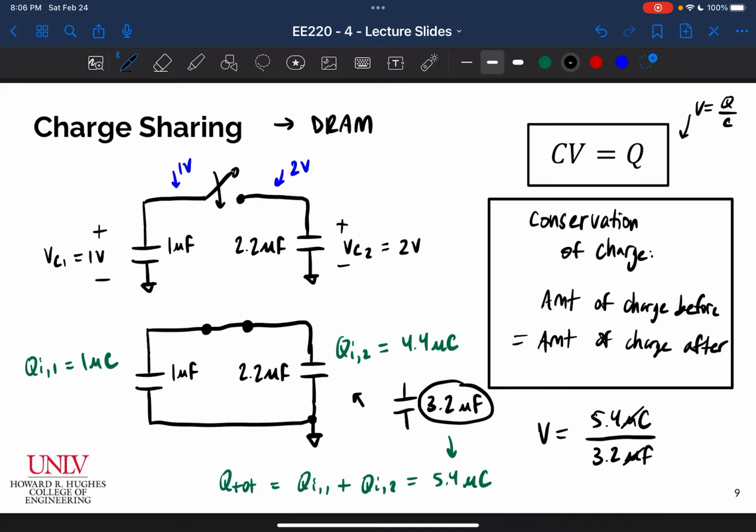And let me throw that in my calculator real quick. I just need to do 5.4 divided by 3.2, and I get 1.6875 volts, or 1.69 volts is close enough. Okay? And so that's all charge sharing is.